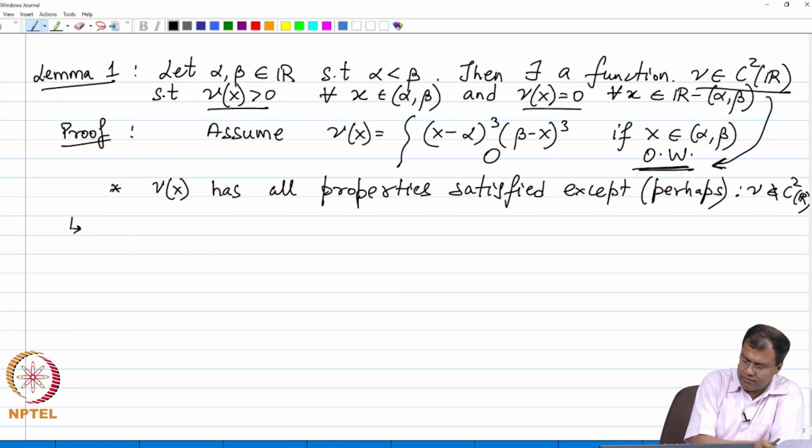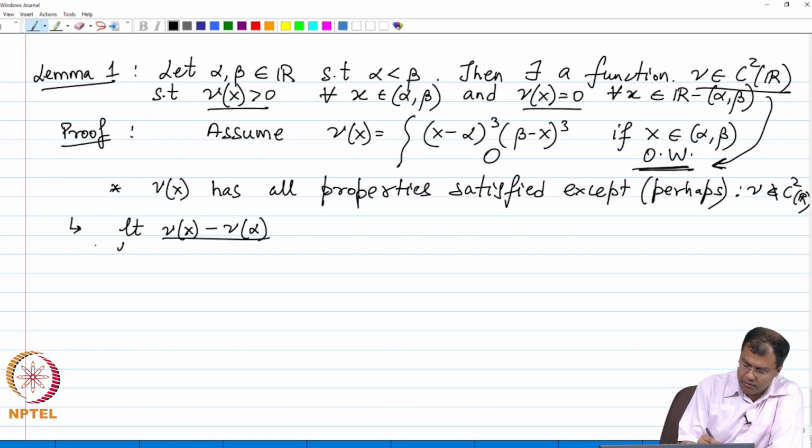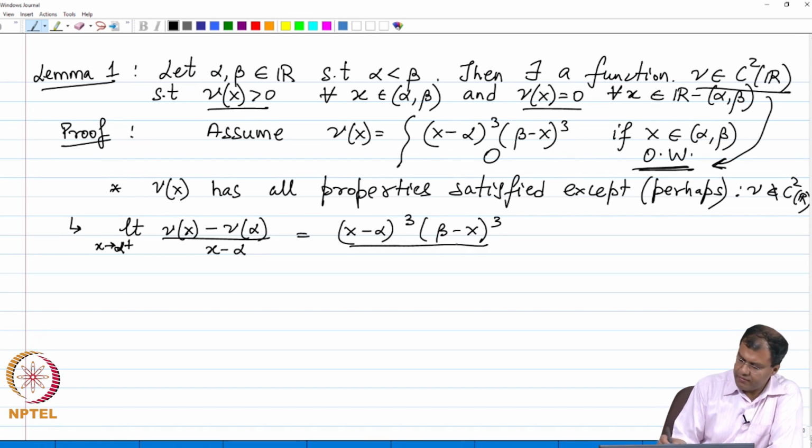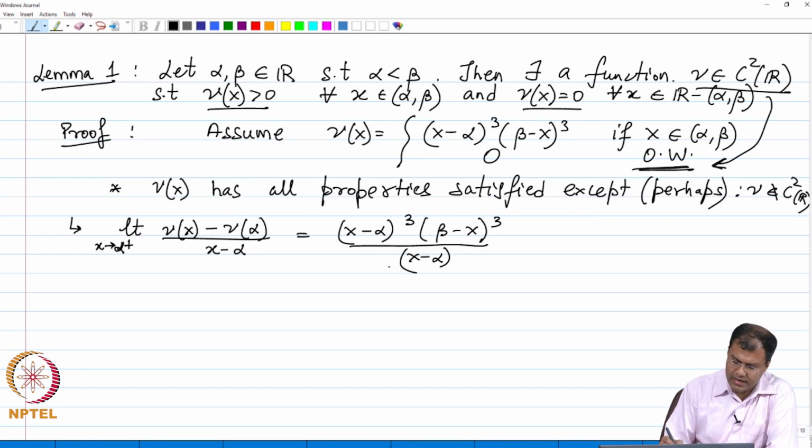So, the first derivative we can go ahead by evaluating the necessary limits. We see that the limit from the right of nu of x minus nu of alpha divided by x minus alpha is x minus alpha cube beta minus x cube divided by x minus alpha, right.